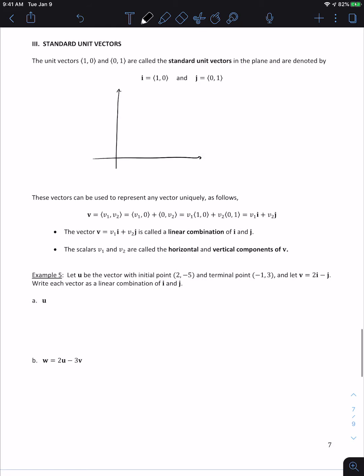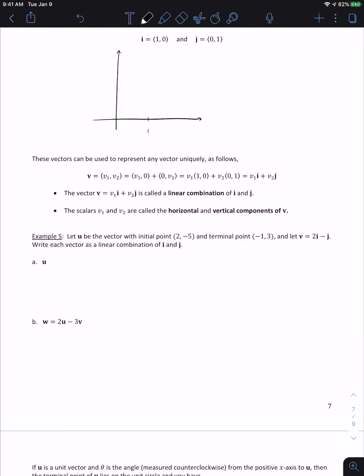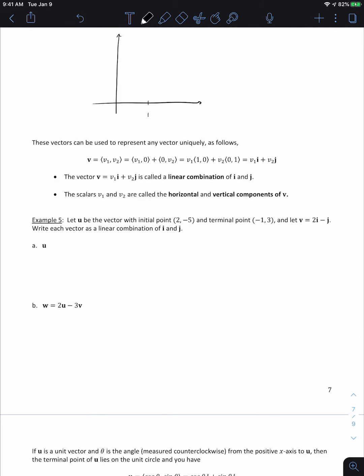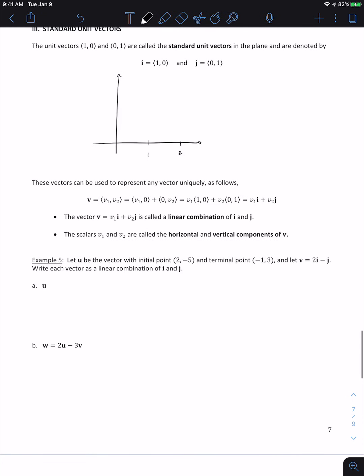Well, if this is my x and y axis, here's 1, here's 2, here's 1, and here's 2.